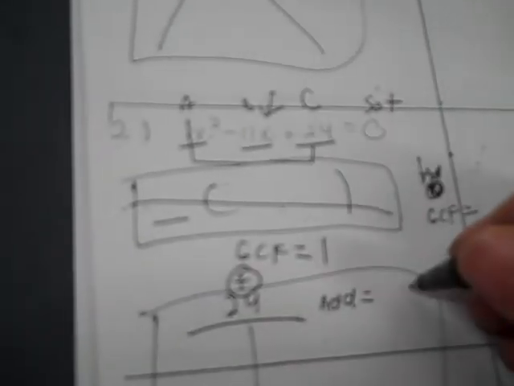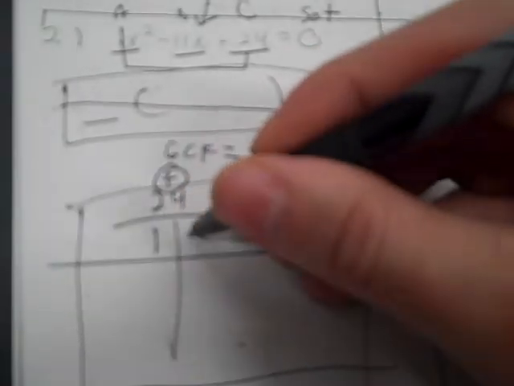So A, B, C. So I take positive 1 times positive 24. Well, that's positive 24. So we're going to add the factors because it's positive, and we're trying to get to 11, and 11's negative. So 1 and 24, nope, that adds to 25.